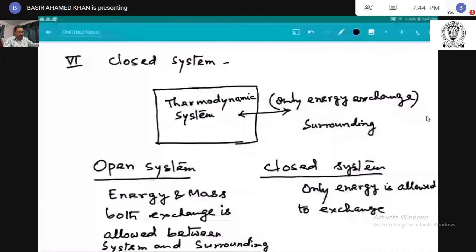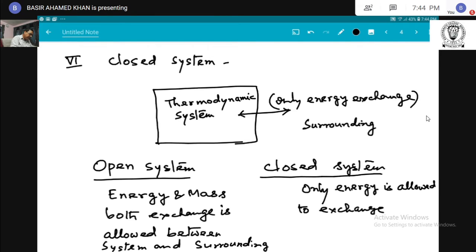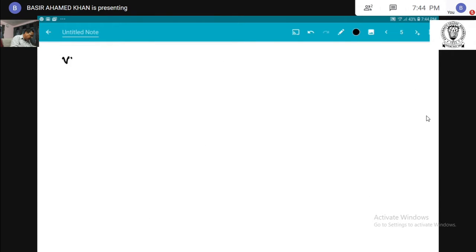adiabatic wall. A boundary which prevents thermal interaction is known as adiabatic, and the system is said to be thermally isolated.